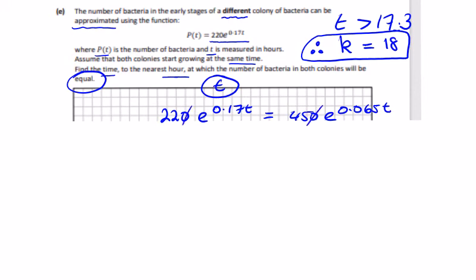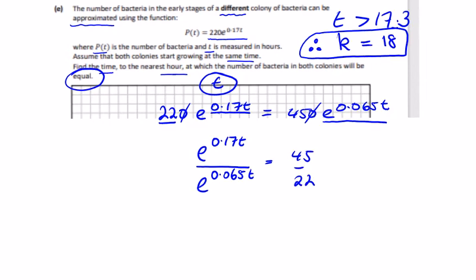I can divide by 10 straight away, and I'll use the indices. What we're going to end up with here is e to the power of t underneath e to the power of t, so we're going to use the rule of indices. So I'm going to put the bigger e to the power up on top. So I'm going to divide by 22. So e to the power of 0.17t, divided by e to the power of 0.065t, that's going to be equal to 45 over 22.